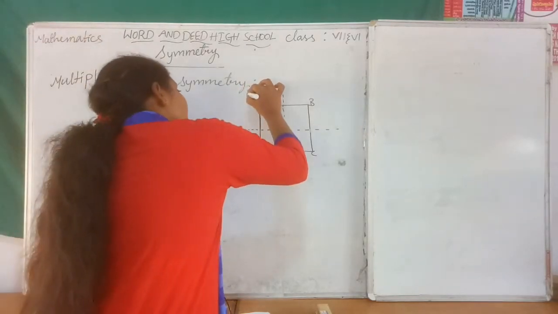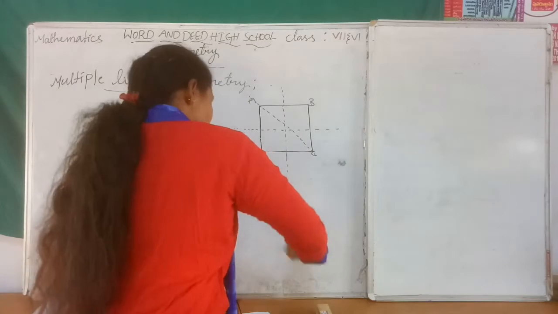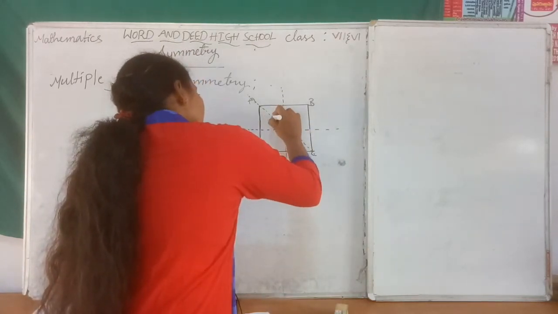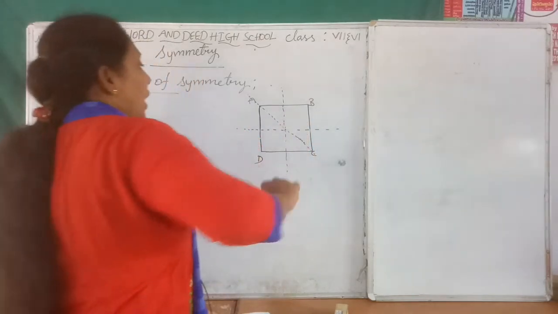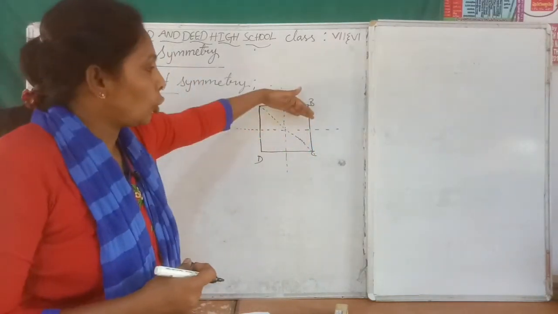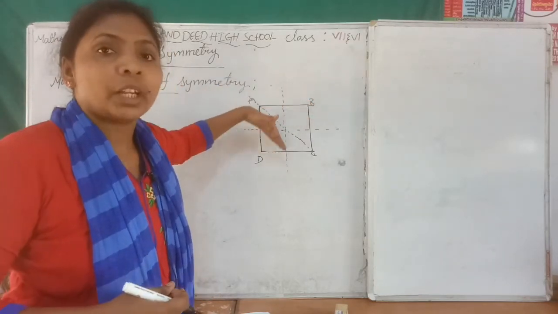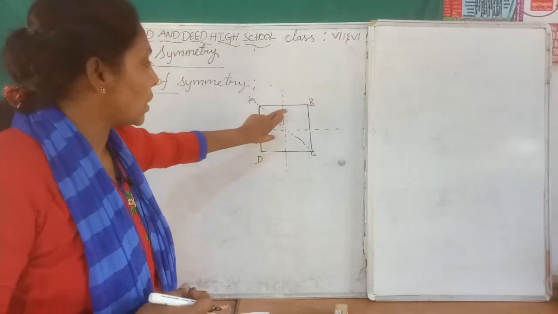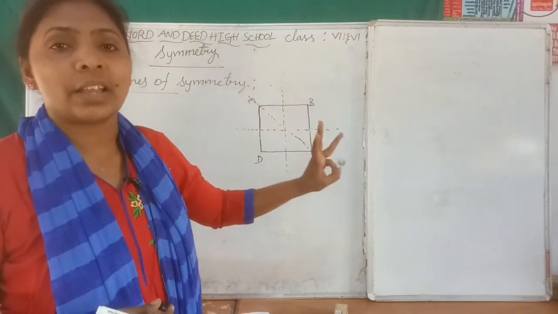Next, diagonally also we can divide, children. See, diagonally we are dividing, which means the two parts also coincide. That means if we fold this picture, the two parts coincide with each other. So the square has three lines of symmetry.